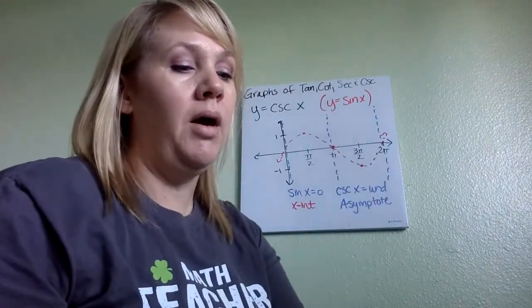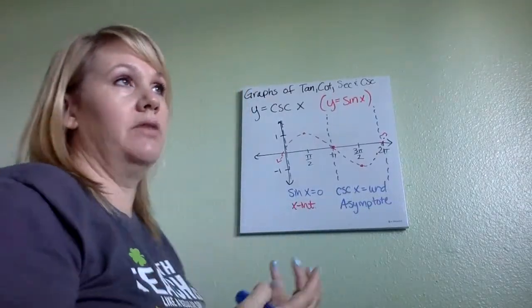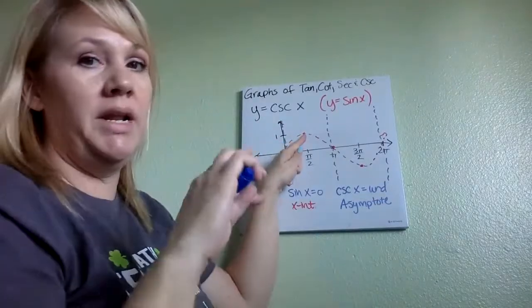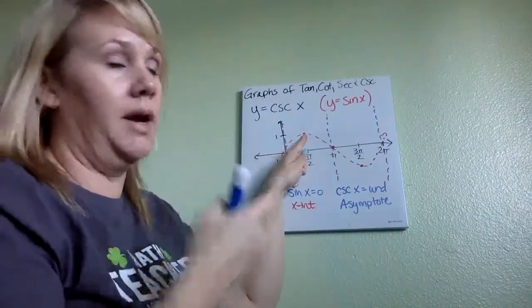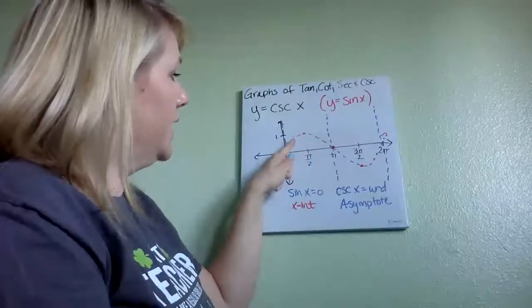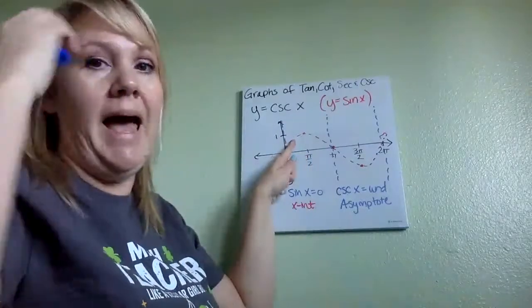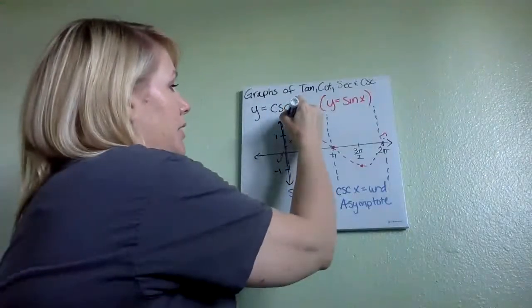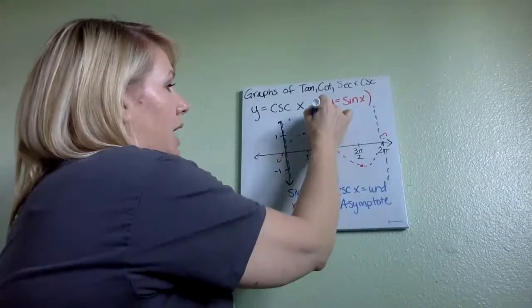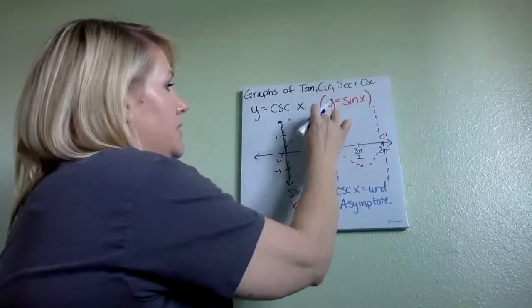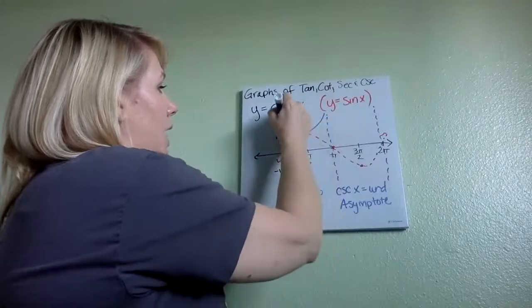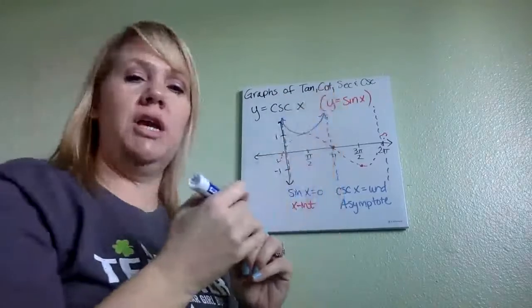If you think about the idea of a reciprocal, if the sine function has a value of 1 and I reciprocate 1, that's still 1, right? If the sine has a value of 1/2 and I reciprocate 1/2, now it's up here at 2, and the same would happen over here. So we end up with little parabolic shapes.